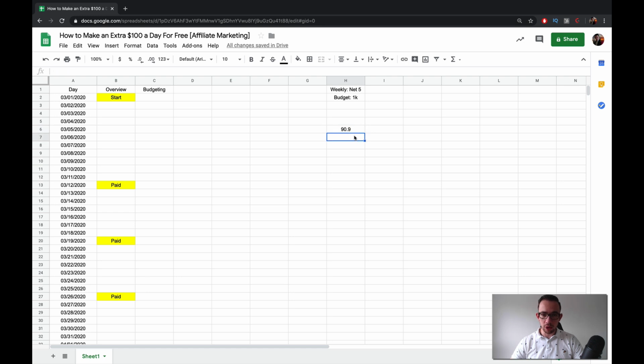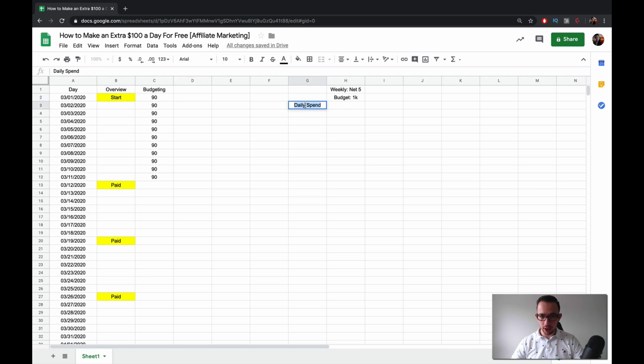So what we're going to do is spend 90 a day, which will leave us with a small margin, right? So we spend 90 a day, which will allow us a daily spend of 90.